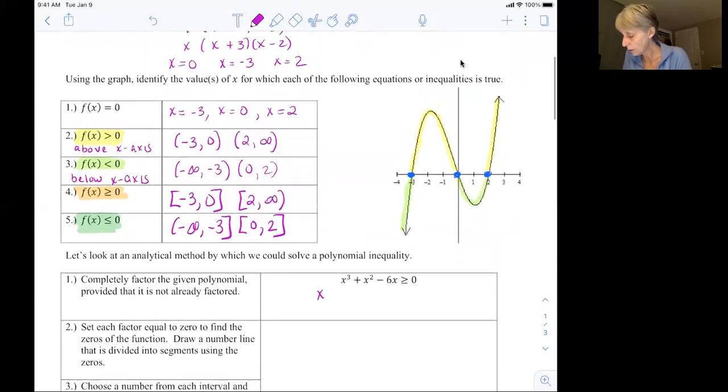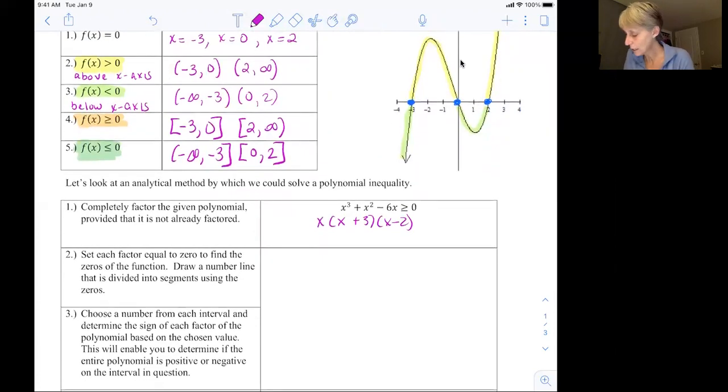My factors are x plus 3 and x minus 2. Now we're going to set these equal to 0. We're going to ignore the inequality sign for just a second and find the zeros of this function, which again match what we found up above.